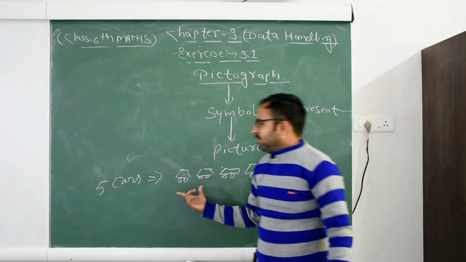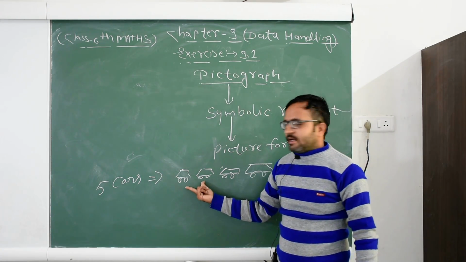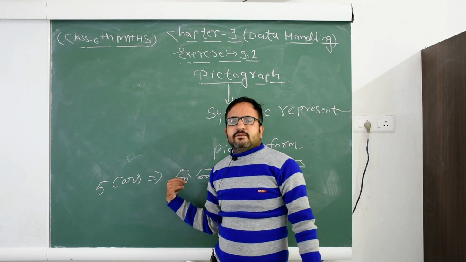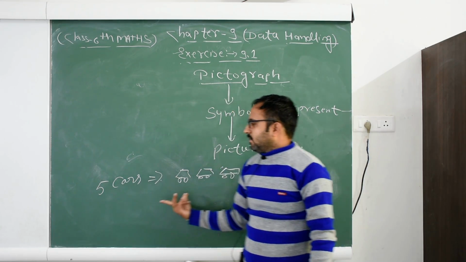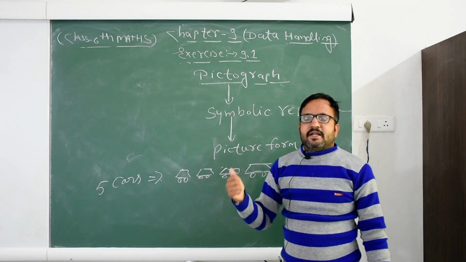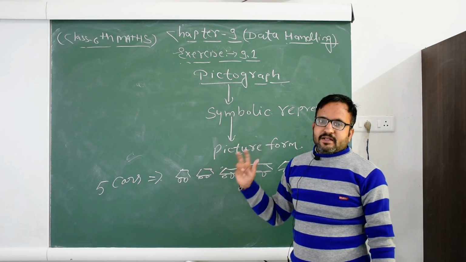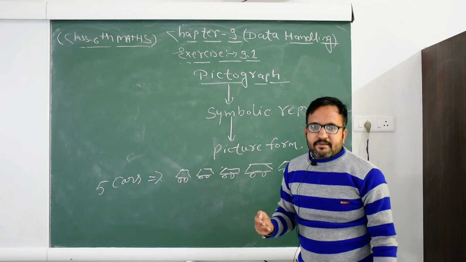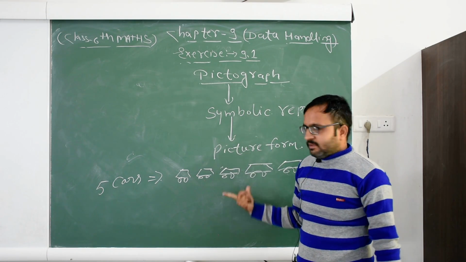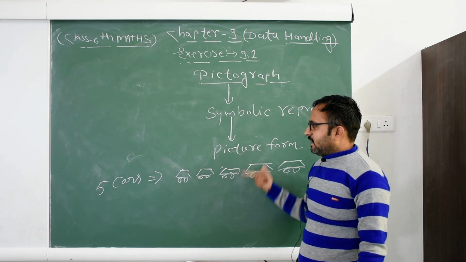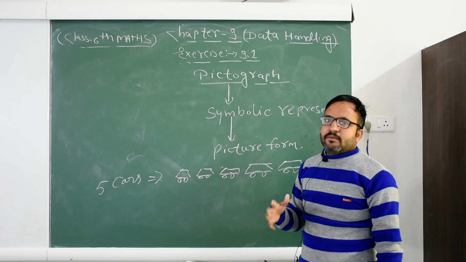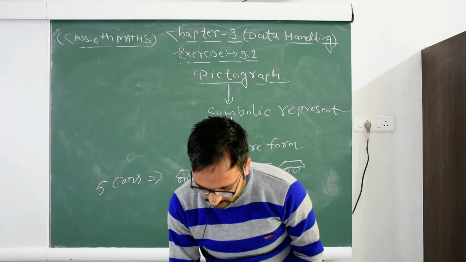So we use a picture of a car to denote different types of data. Like this, we can use any type of picture like apple, banana, mango for representing any type of data. So this is a pictograph, to represent any number with the help of any symbol or picture.